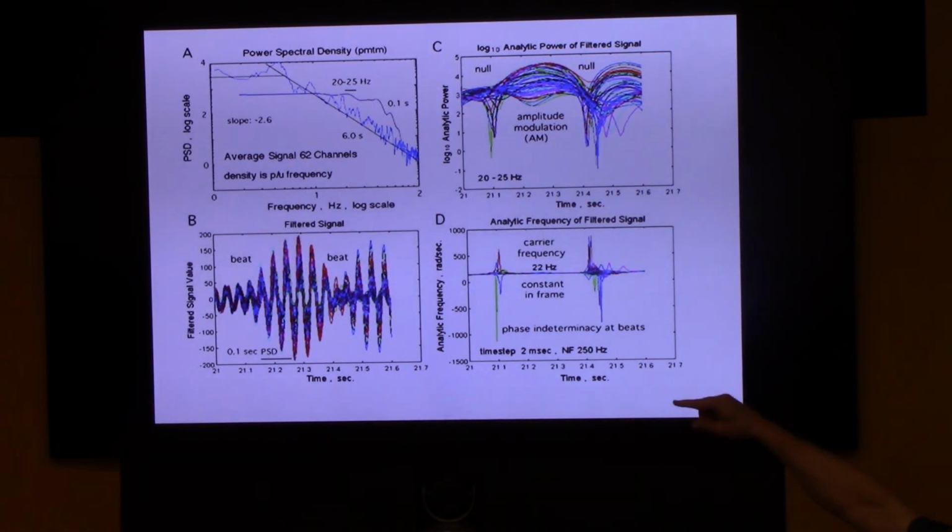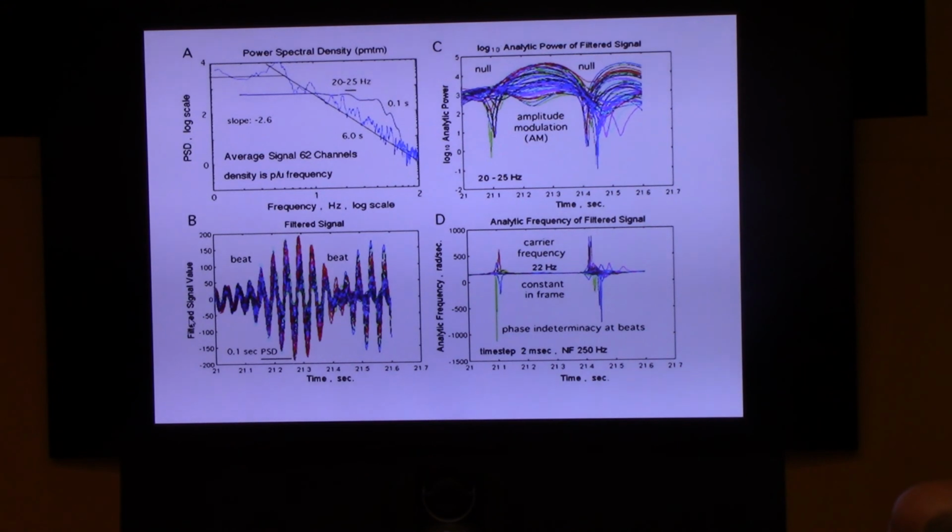Now, with this same filter, this is just the filtered signal, and the Hilbert transform takes that and decomposes it into complex variables somehow. It's called an analytic frequency and an analytic amplitude, the square of which is a power.